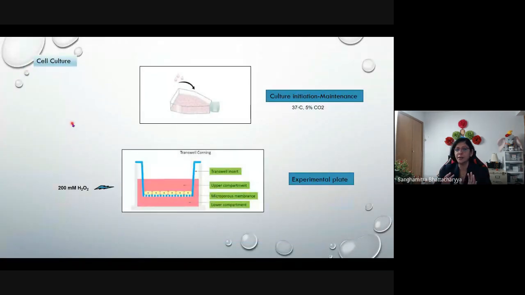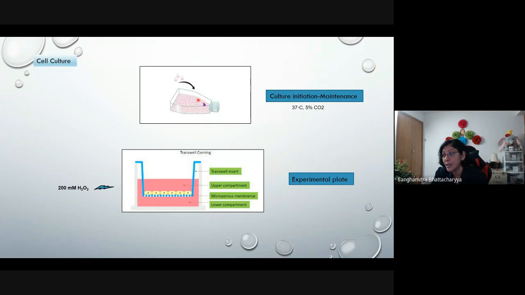So this is a very preliminary way to explain how we do our cell culture and our experiments. This is a typical cell culture flask that we use, with a very specific media containing fetal bovine serum, which is an important component to grow and develop our cells.